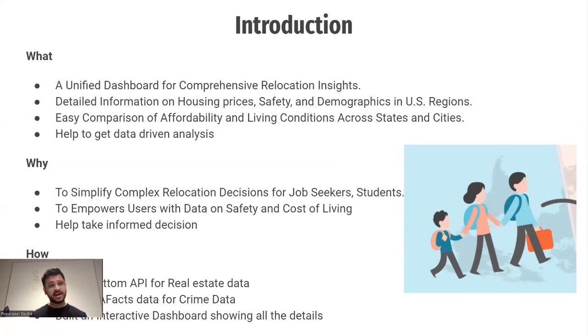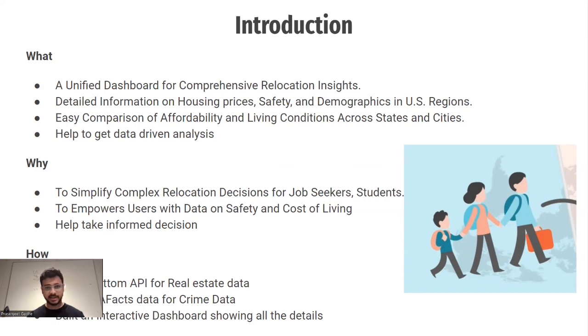It will give detailed information relevant to housing prices, safety, and demographics in the United States. When we are relocating to a new place, we look at, I'm getting a particular salary. On that basis, are the housing prices affordable at that new location? Okay, affordability is a done deal, then is it safe to live in that particular area?